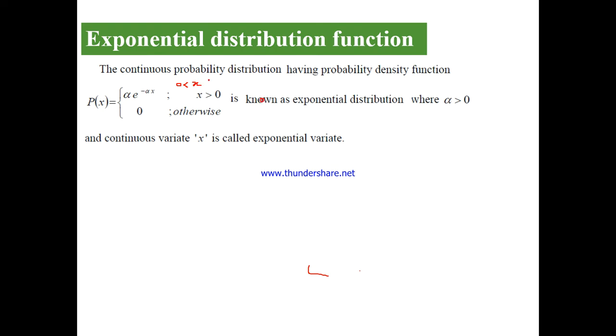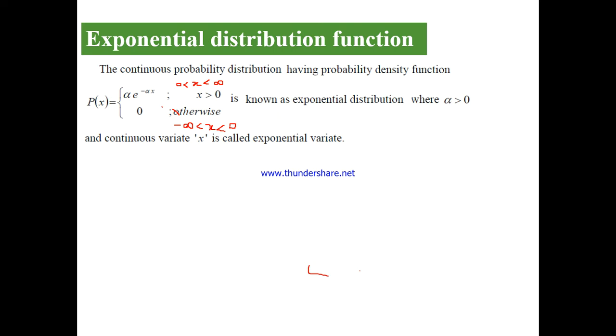So when our limits are between 0 to infinity, then our function would be alpha into e to the power minus alpha x. Otherwise, it's nothing but minus infinity less than x less than 0. So when we have limits between this, our function is going to be 0.